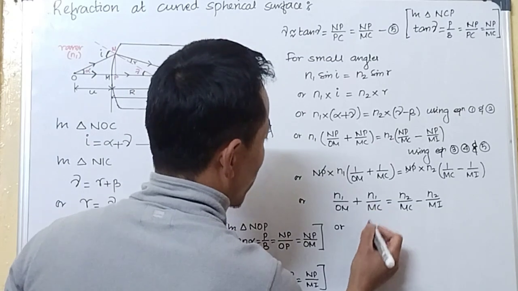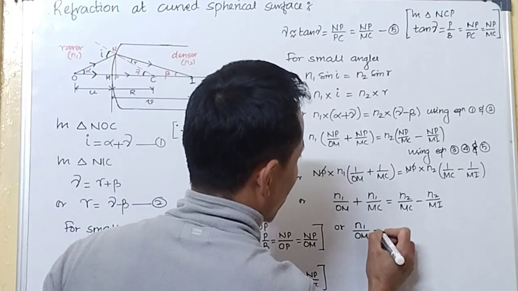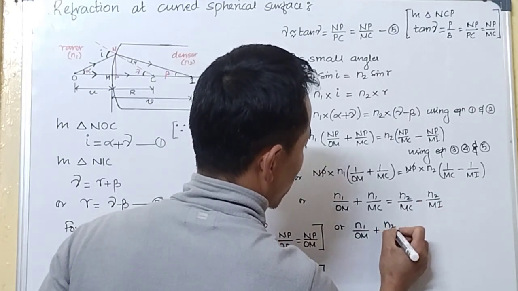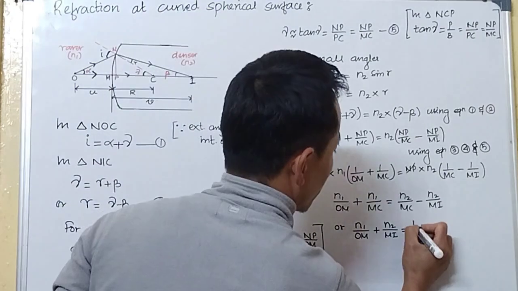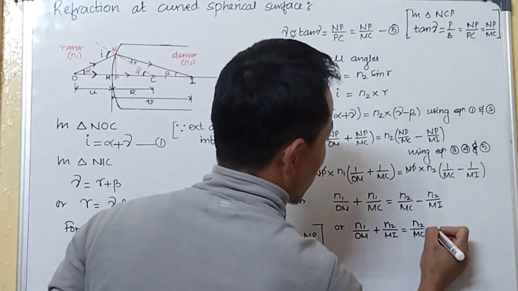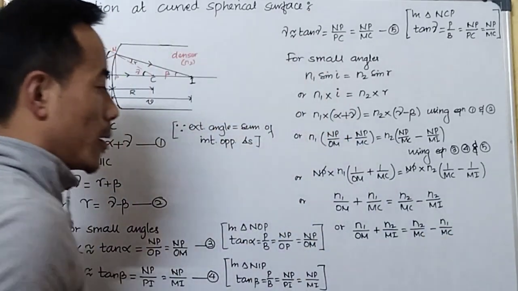So this we can write it as N1 divided by OM, minus comes to the left hand side, it becomes plus. This is N2. So N2 divided by MI is equals to, we have N2 divided by MC. This goes to the right hand side, it becomes minus N1 divided by MC.